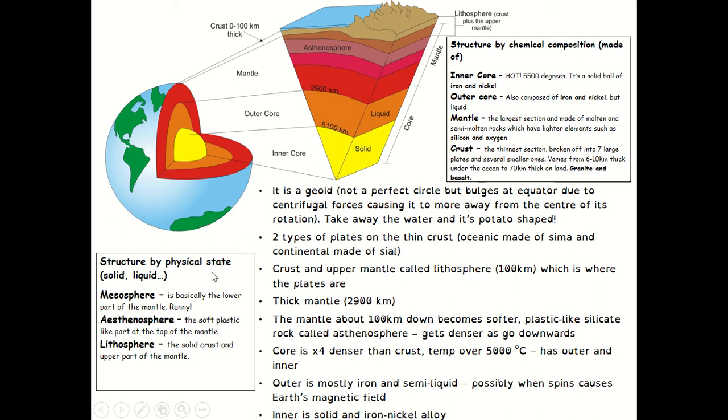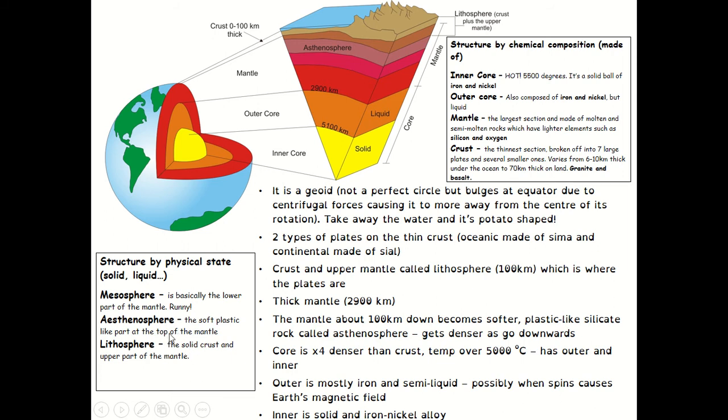We have since developed the physical state structure, which is by literally whether it's a solid or liquid, for example. So we have the lithosphere, which is the crust and the top of the mantle. Now, all of this is solid rock, basically. So that's what's called the lithosphere.